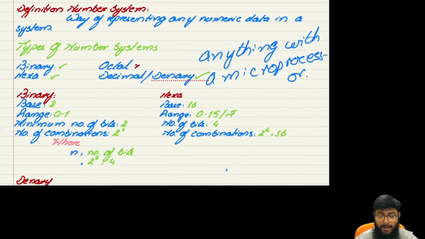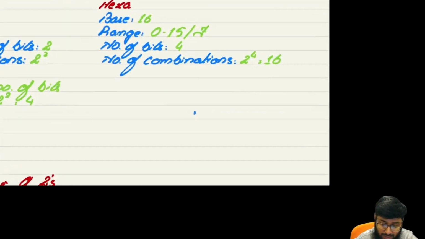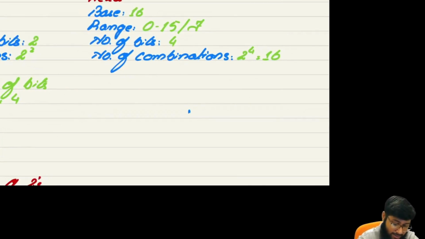Now when it comes to binary, the binary number system is a sort of number system that is understood by a system or by a computer because it is dealing with ones and zeros. Before going ahead, we know that a computer is an electronic device.